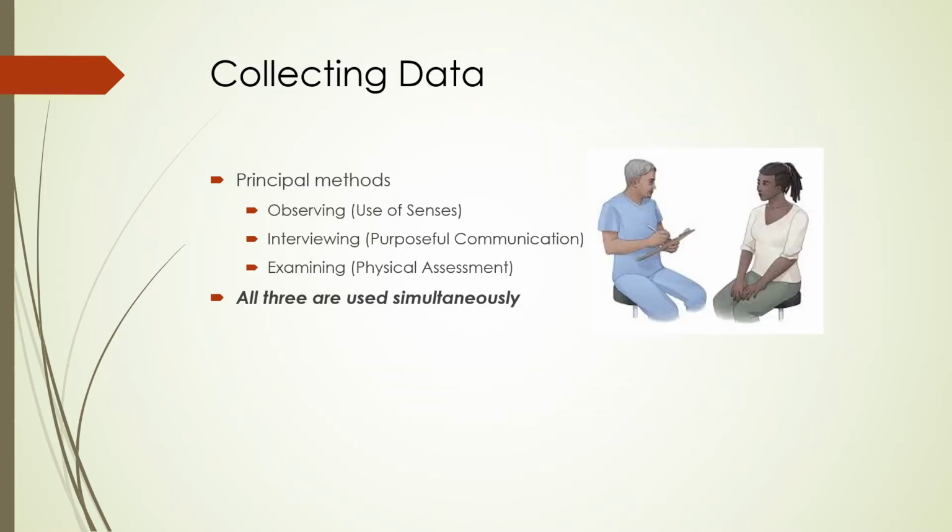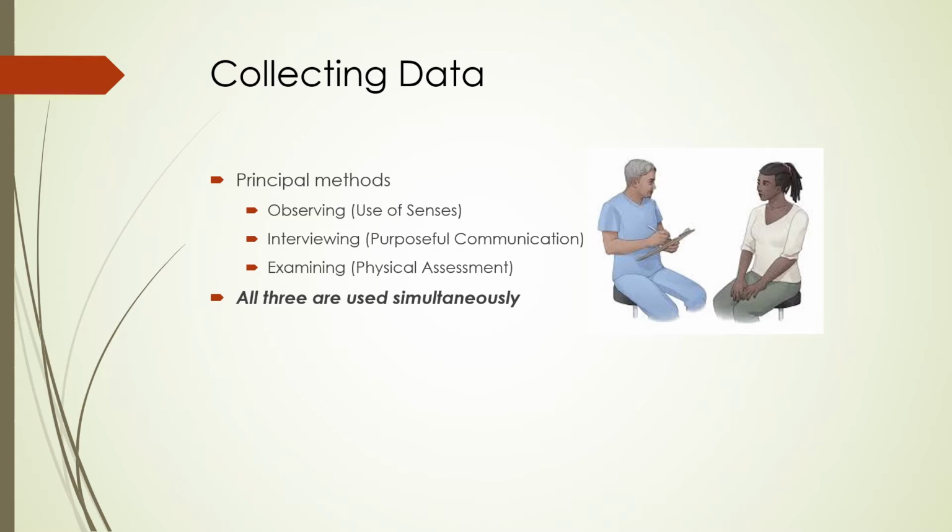And we know there are many ways that we can collect the data. We observe, we use our senses. We just said there are subjective data and objective data. Objective data, I can use my senses. Okay, we interview the patient. That's a way we can collect data, the interviewing process. The health history, that is the interviewing process.